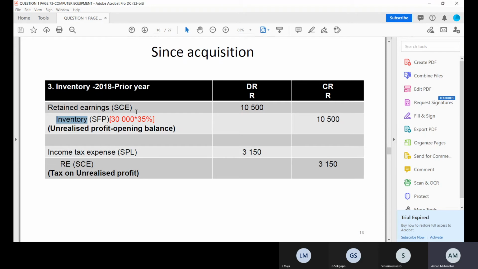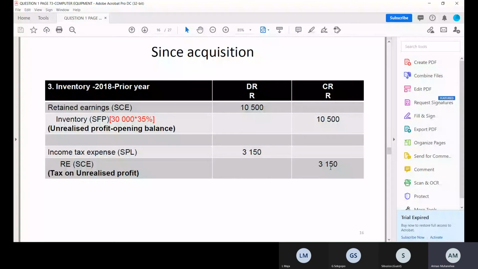Then we're going to take 10,500 multiplied by 30%, which will be 3,150, and we'll do the same with 3,150. So this transaction, if you go to since acquisition, we should be able to see the net effect. Retained earnings is going to be reduced by 10.5, and retained earnings is going to be increased by the tax portion of 3,150.